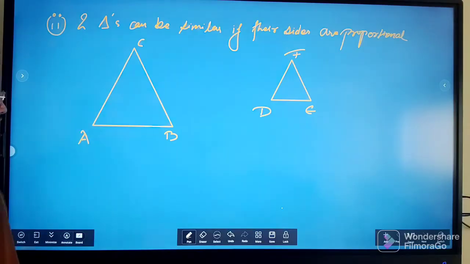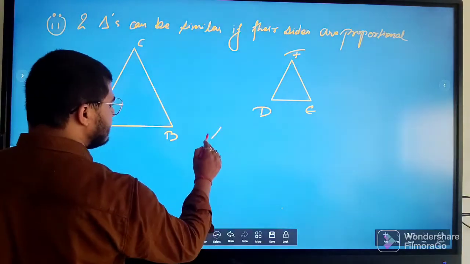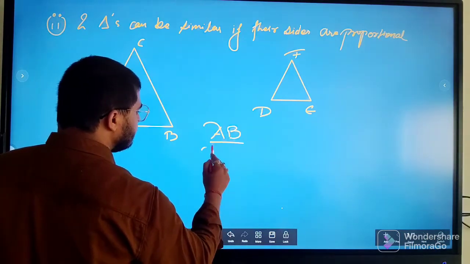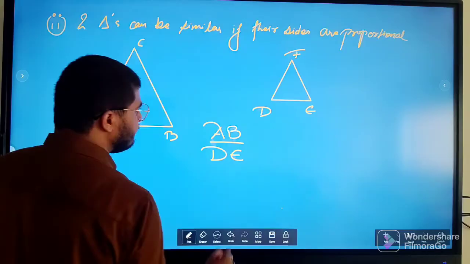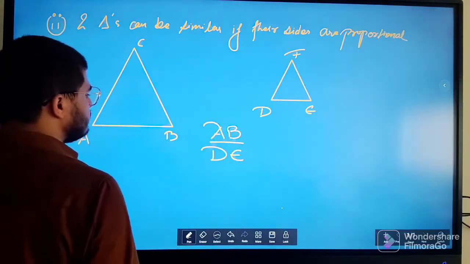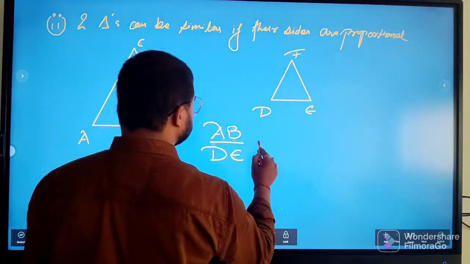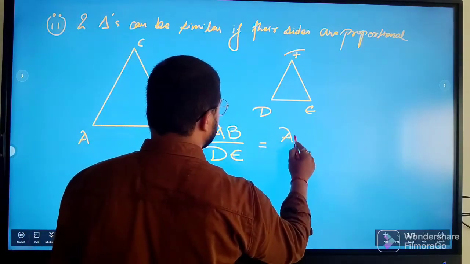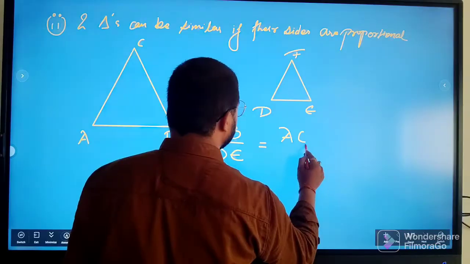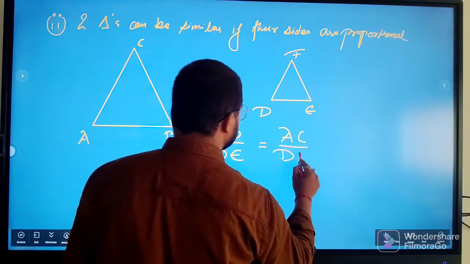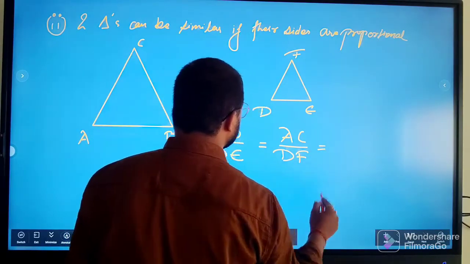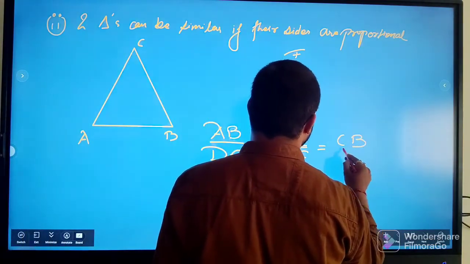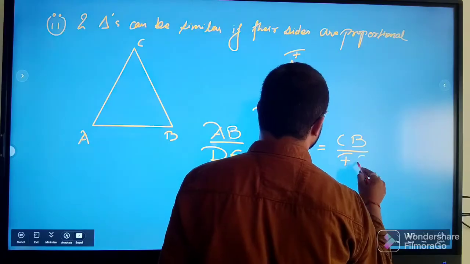So ratio of corresponding sides means what? If we are selecting AB, then we are going to compare it with DE. So the ratio of AB to DE should be equal to the ratio of AC to DF, and that should be equal to the ratio of CB to FE.